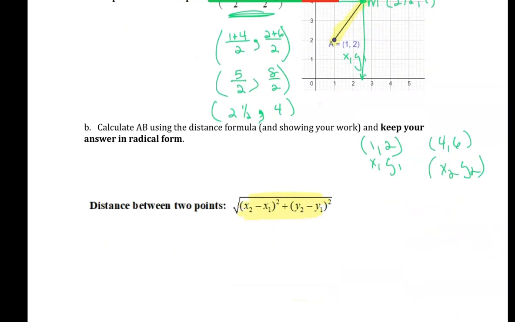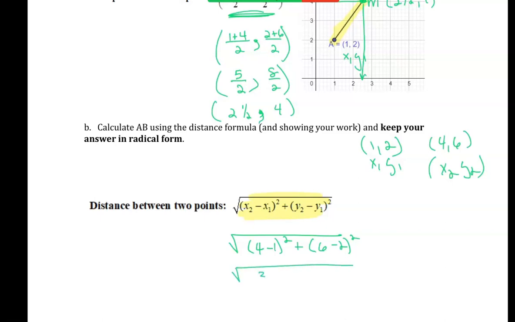So now right below this, I'm going to do my radical sign. I want x2 minus x1. Use my parens. 4 minus 1, square it, plus y2, 6 minus 2, square that. Keep it under the radical.